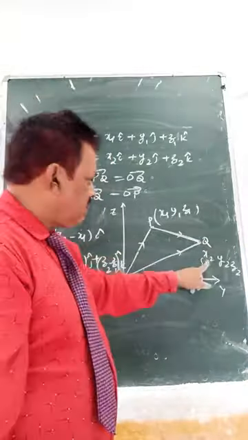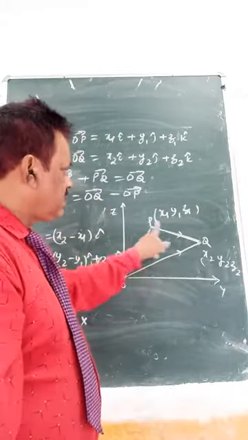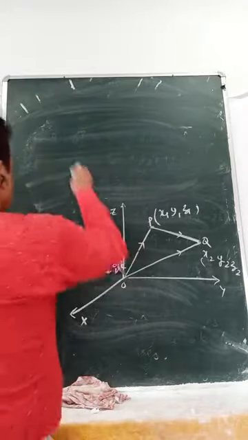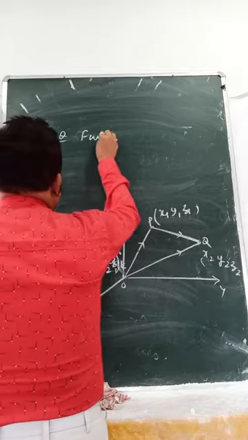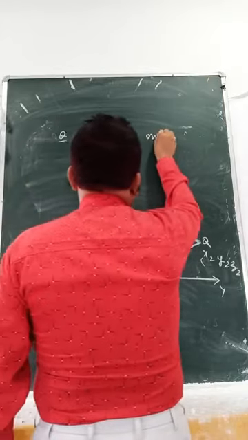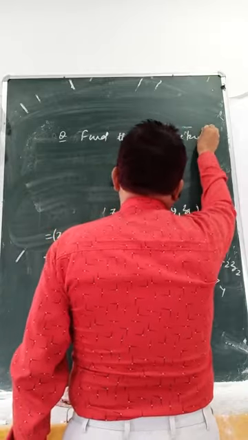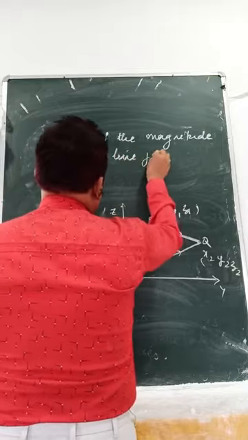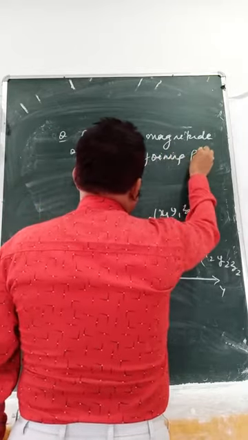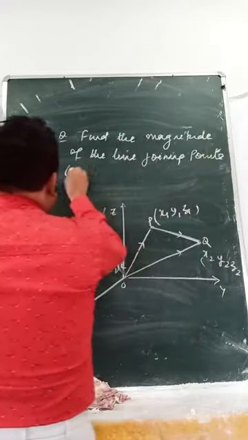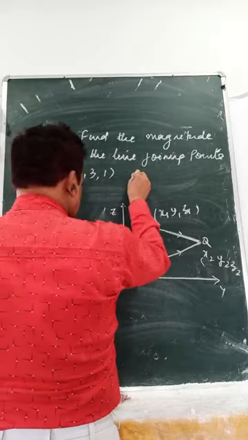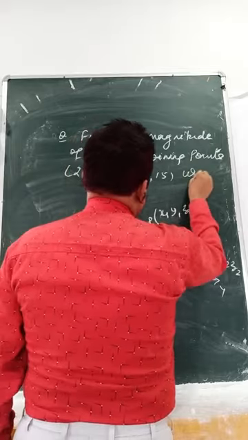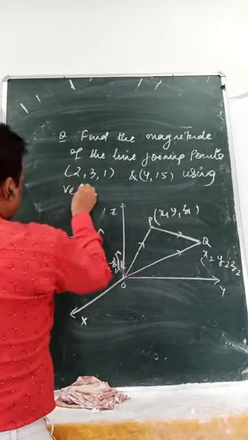Looking at this, you can get a clue here: terminal minus initial. Suppose I give a question on this. Find the magnitude of the line joining points 2, 3, 1 and 4, 1, 5 using vector algebra.